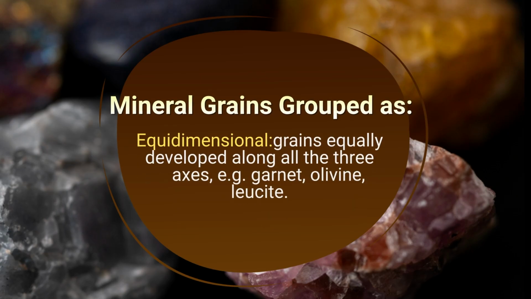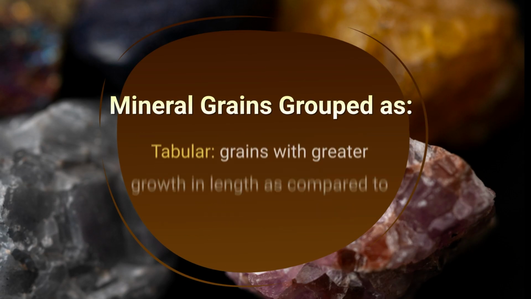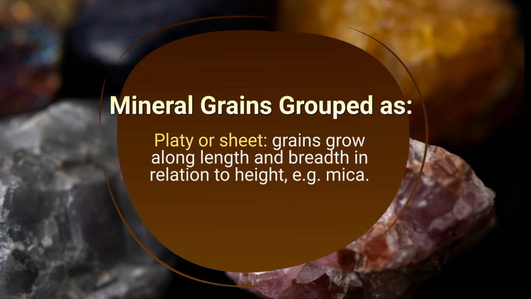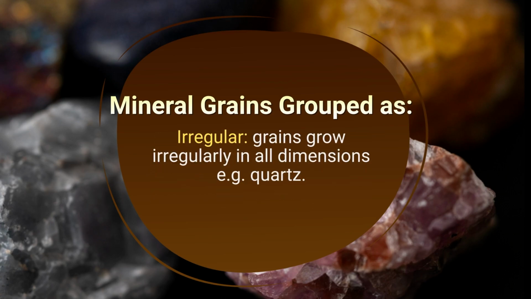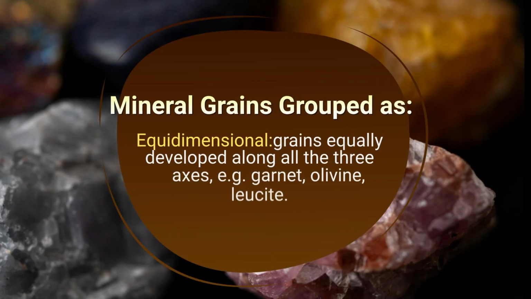In textures, mineral grains are grouped as equidimensional, prismatic, tabular, platy or sheet-like, or irregular. They are grouped as equidimensional when grains are equally developed along all three axes of the crystal, for example garnet, olivine, leucite.